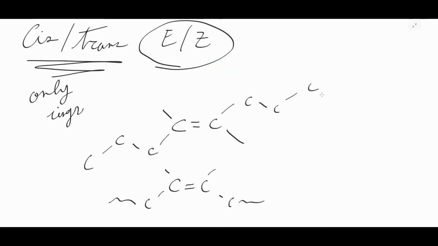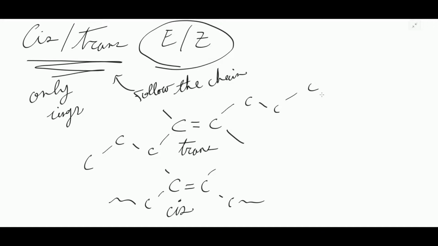So cis and trans, the old method, would be to follow the chain. So this only applies to chains, and it's the method that is no longer approved of for naming chains. But this here on the bottom would be cis, this here up top would be trans.